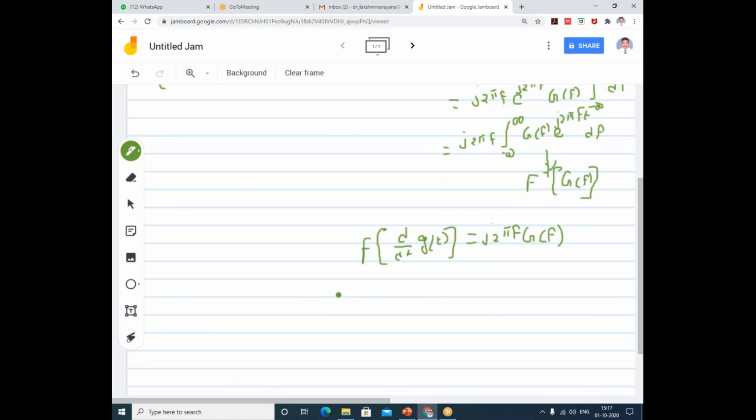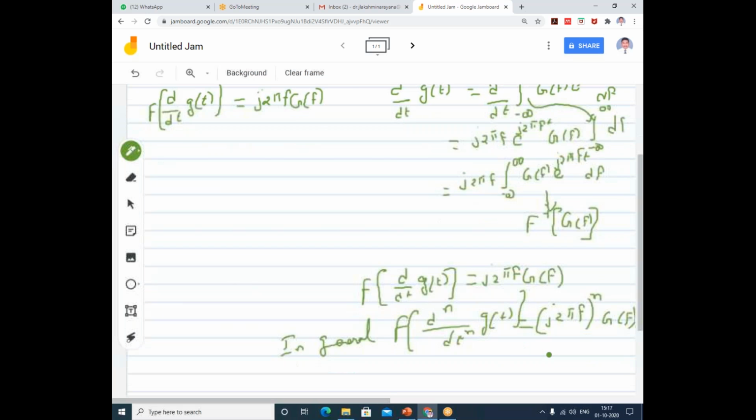In general, you can write the Fourier transform of d power n by dt power n, the nth derivative of g of t, which is nothing but j 2 pi f whole to the power of n into g of f. This is how you are going to get the nth derivative of it.